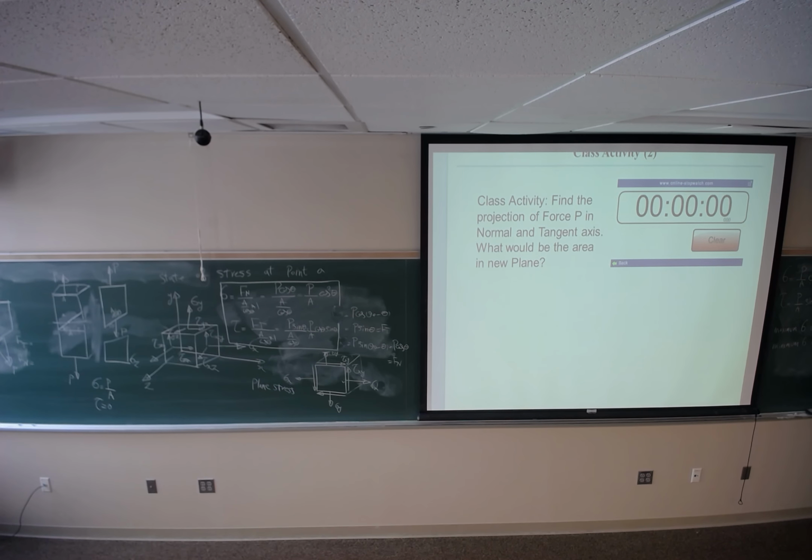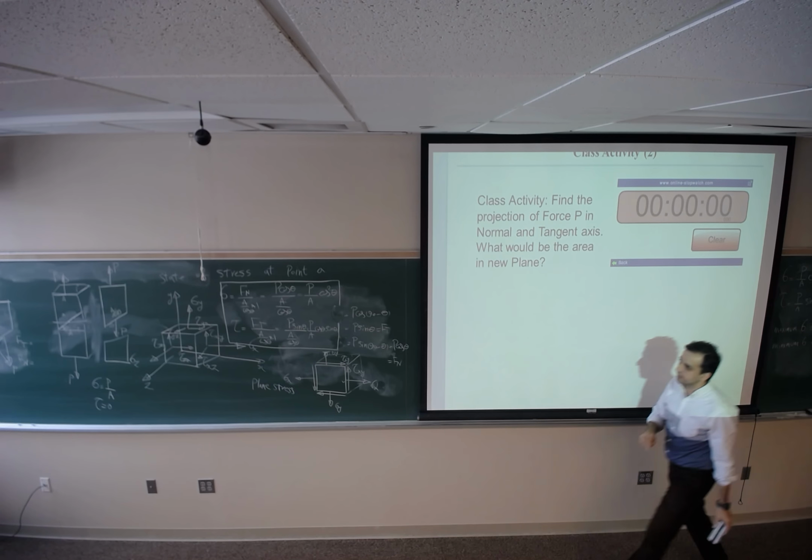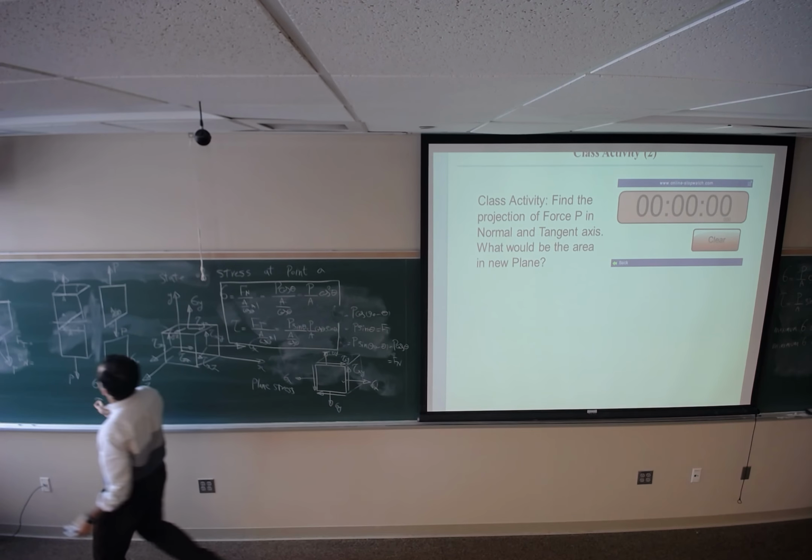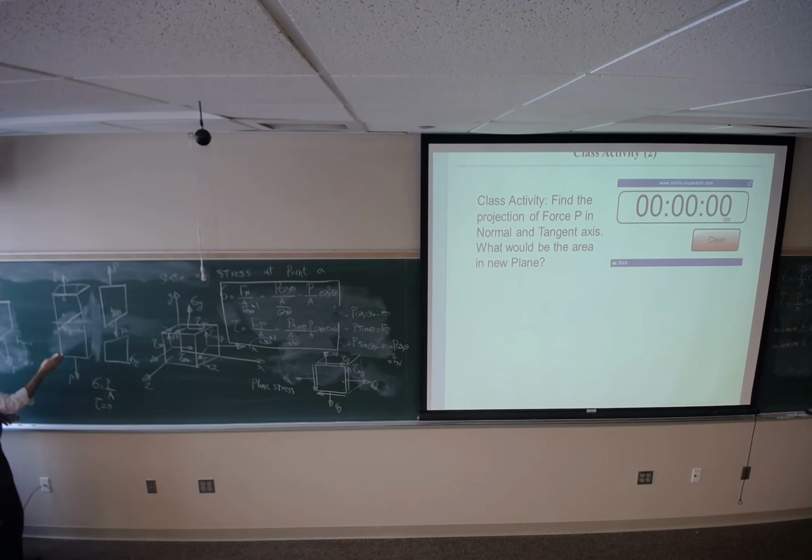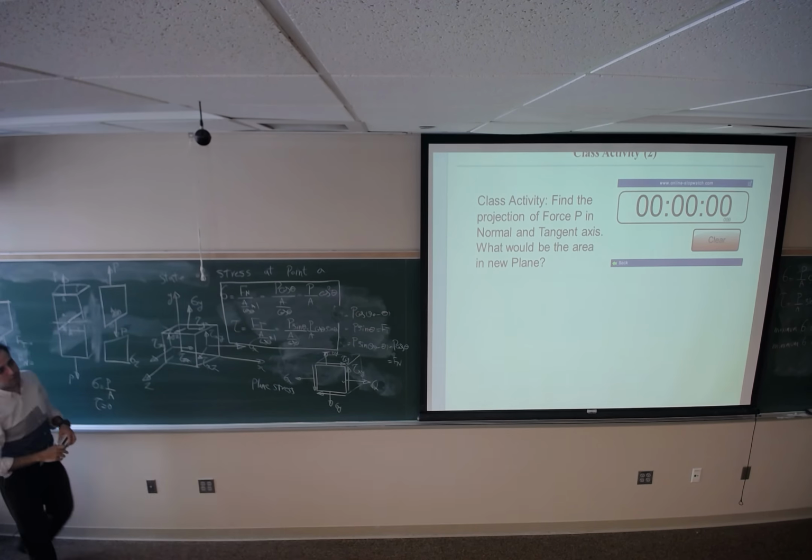The minimum value is going to be when cosine is going to be 0. So at theta equals 90 degrees or 270 degrees. And these two angles, if you cut something like this, passing through point A, you don't have any normal stress.